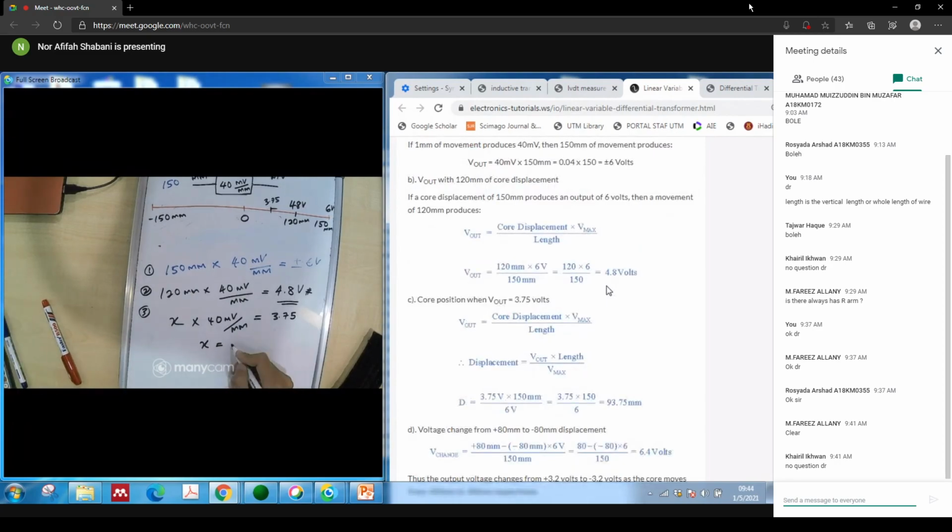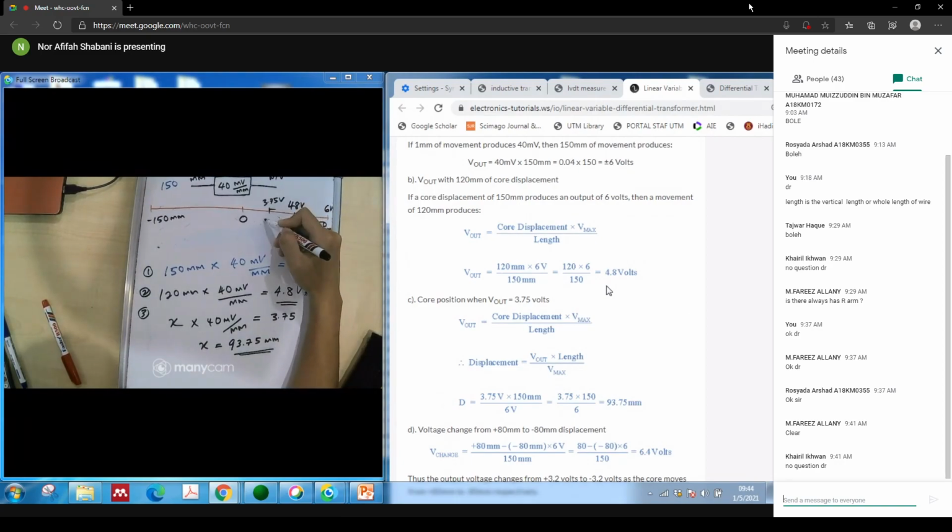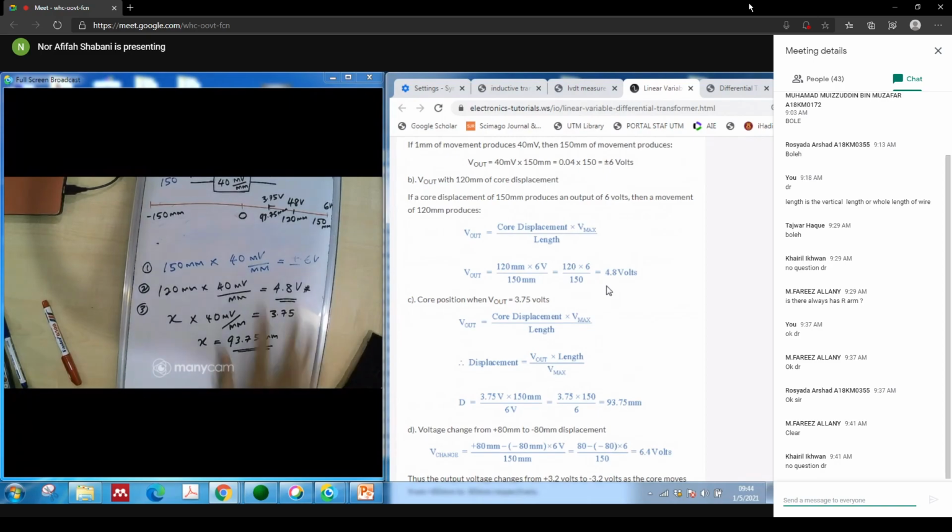Then you will get 93.75 millimeter. So that means at 3.75 volt, the displacement is at 93.75 millimeter. Okay, can you understand?